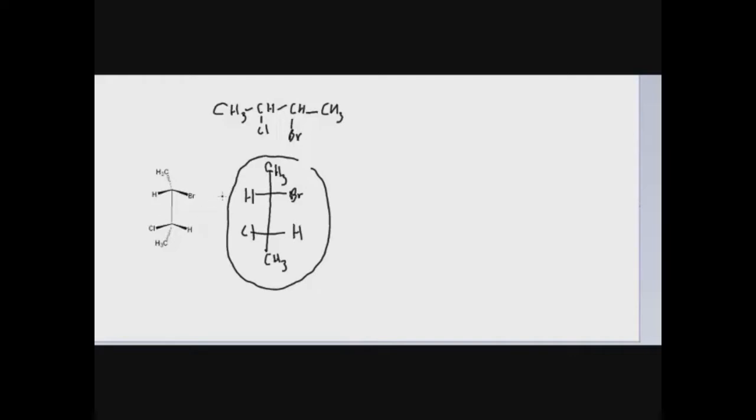All right, now let's continue. What we're going to do to find the others is this. Let's draw the mirror image of our first stereoisomer. In fact, let's call that Roman numeral 1. All right, here is a vertical dashed line, represents a mirror, and we draw the mirror image reflection.